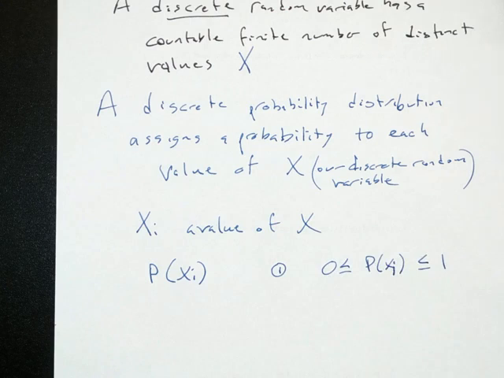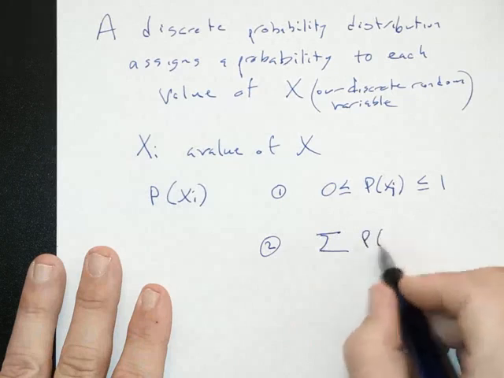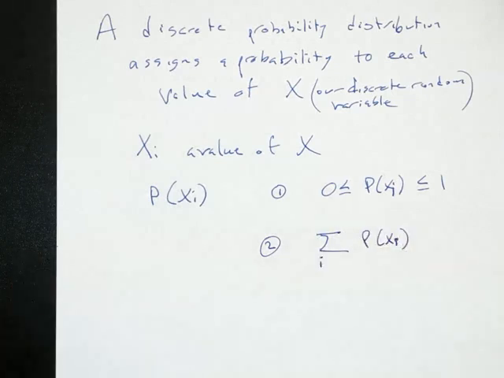Chance of it never happening, the chance of it always happening. And if you looked at all of the possible values and you added them up, what would you get? 1. Those are the same rules we had before.